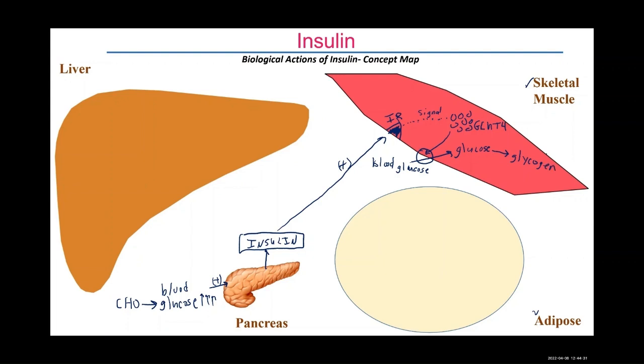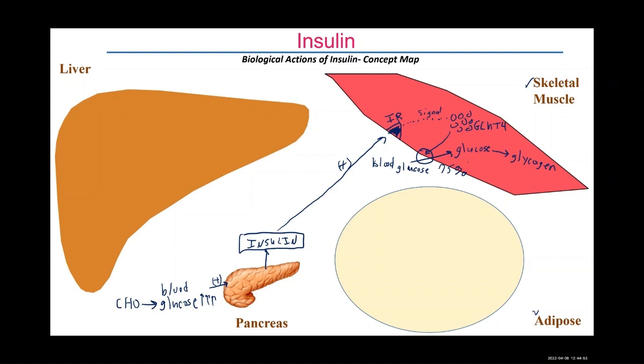Okay, and again, of your blood glucose, this is 75% of that rise in your blood glucose from eating. 75% of your blood glucose is going to be taken up by your skeletal muscle. So this is going to be very significant in terms of regulating your blood glucose, right?